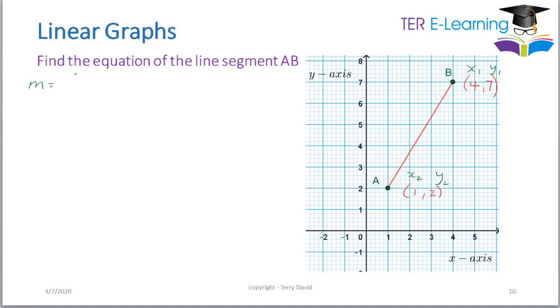So m equal y2 minus y1 divided by x2 minus x1, right? And now because I've labeled my coordinates, I just have to substitute. So y2 minus y1 is actually 2 minus 7 divided by 1 minus 4.